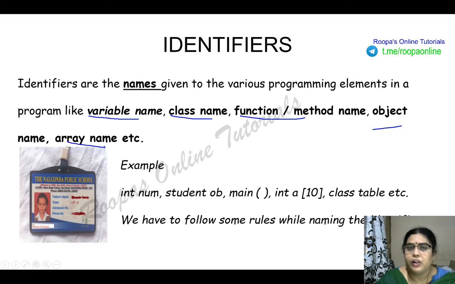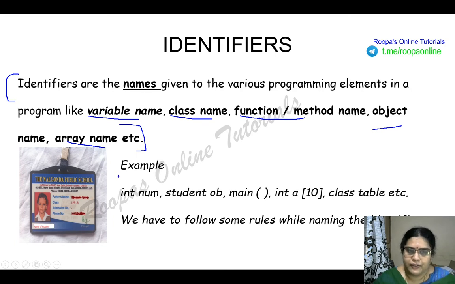They are all your identifiers. The different names that you give to your programming elements are known as identifiers. This is the definition you should give. In the exam, they will ask you: what are identifiers? They are the names given to various programming elements in a program.